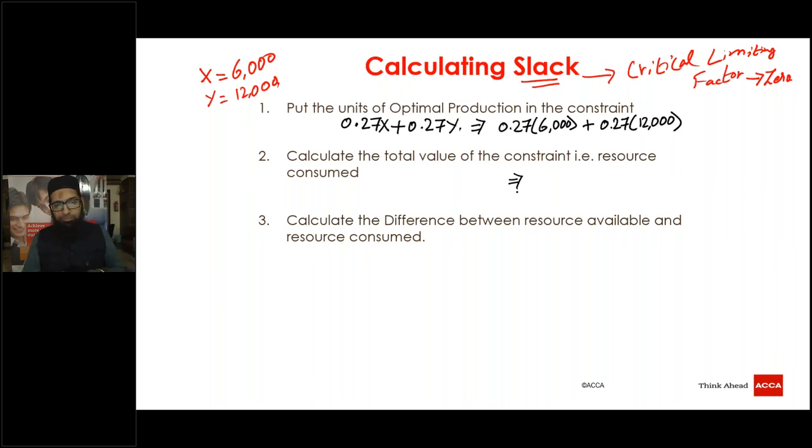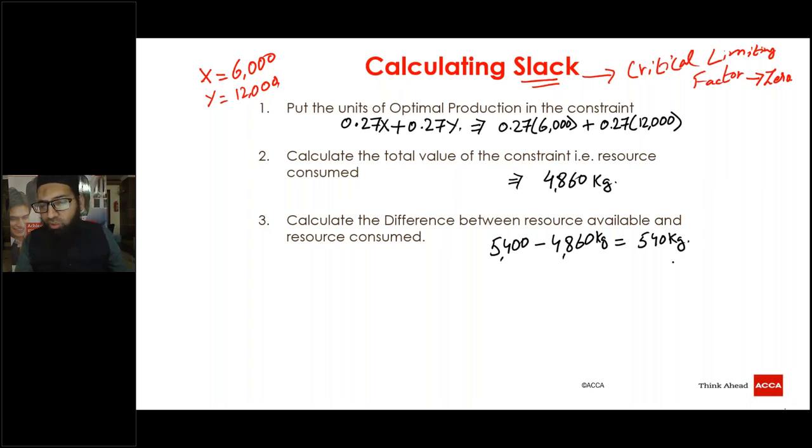It will be 4860. Aram has answered that it is 4860. So at the optimal point, I have consumed 4860 kg. Now, I had 5400 kg available, but I have consumed 4860 kg. That means at the optimum point, I am left with 540 kg.